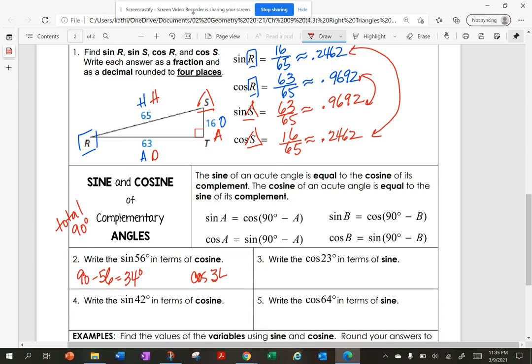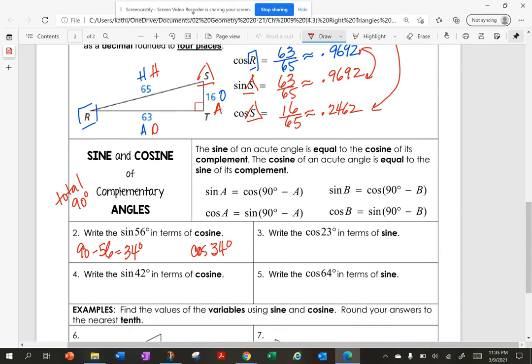If I want to write the cosine of 23 in terms of sine, I'm going to take 90 minus 23, and I get 67. So this would be the sine of 67 degrees.